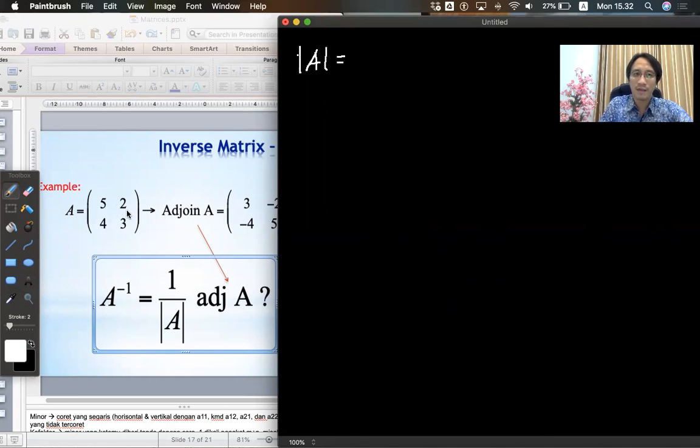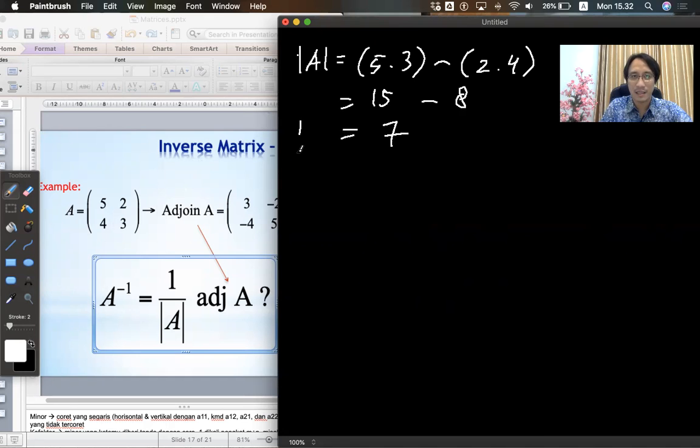Determinant of 5, 3, 5, 2, 4, 3: the result is 5 times 3 minus 2 times 4. 5 times 3, 15, minus 8. The result is 7. If the determinant equals a scalar, 7, then it has an inverse.